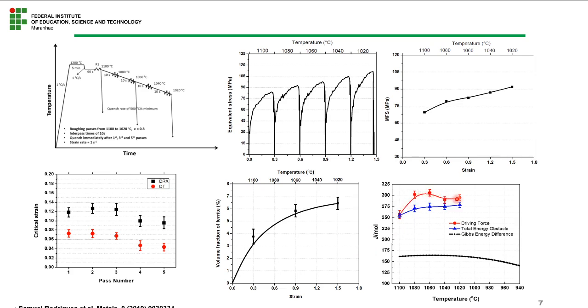So this explains that ferrite is also formed from the very first pass of the roughing, at a very high temperature.